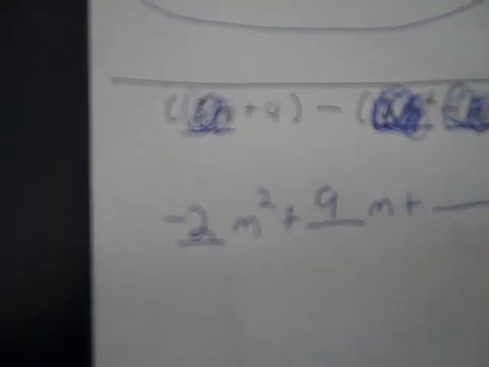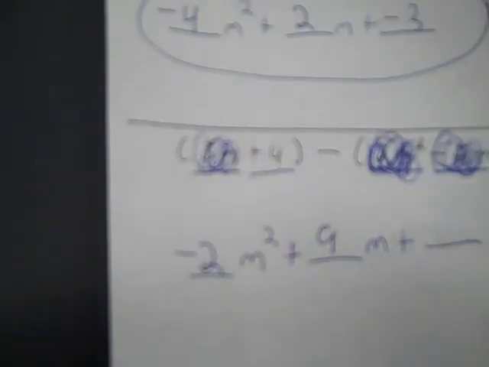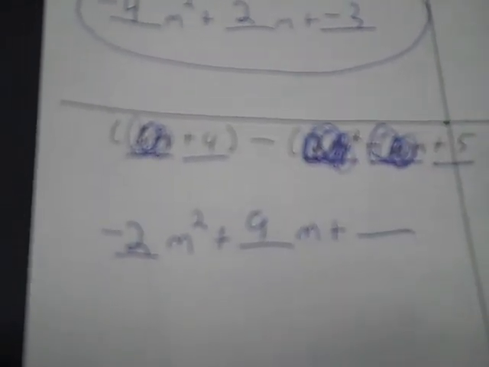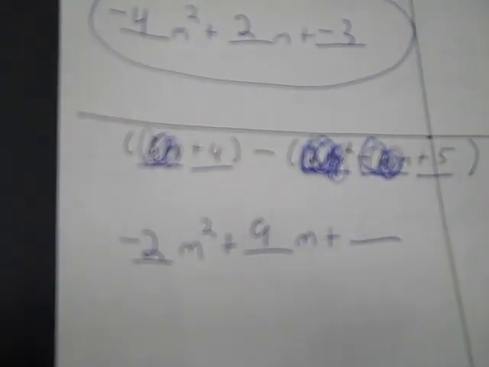Okay, so 9m. Remember, if you only underline one thing, it's going to be 0 and then the other number. Okay, now for my constants, I have a positive 4 and a positive 5, and we need to minus. Okay, so 4 minus 5 is negative 1. All right, and then you have the 6 to do, and I did 2 of them for you.